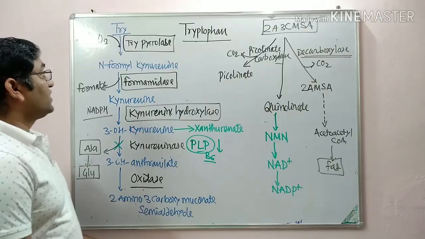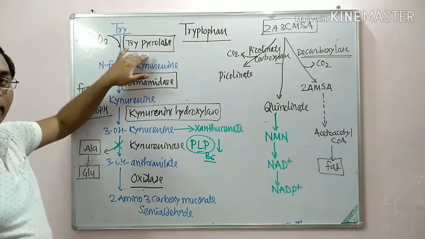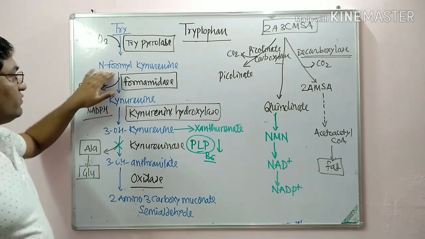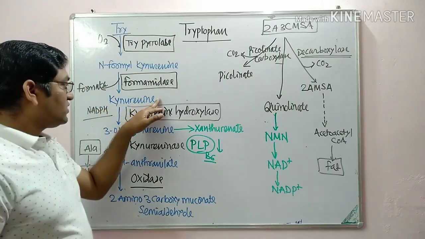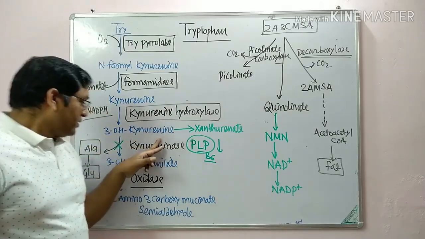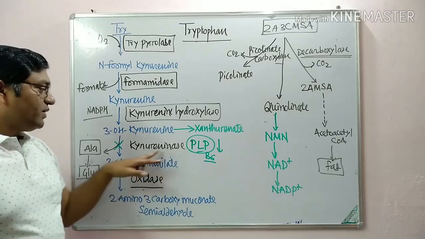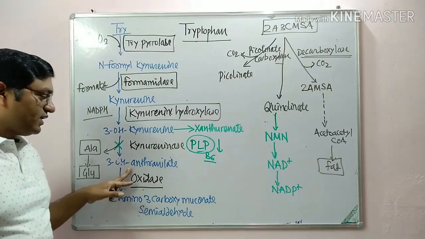In this pathway, tryptophan is converted into N-formyl kynurenine by tryptophan pyrrolase. With the removal of formate, it is converted into kynurenine. By the hydroxylation process, this kynurenine is converted into 3-hydroxykynurenine, which with the help of PLP dependent kynureninase will give alanine and 3-hydroxyanthranilate.